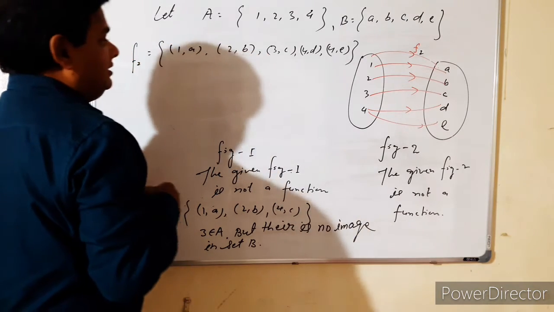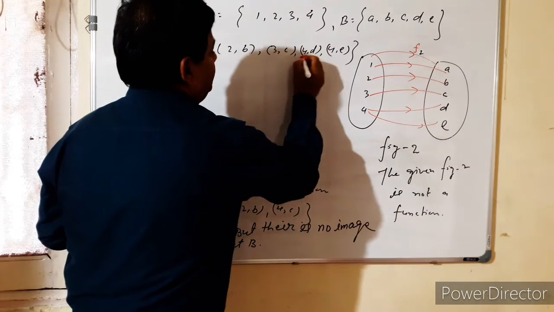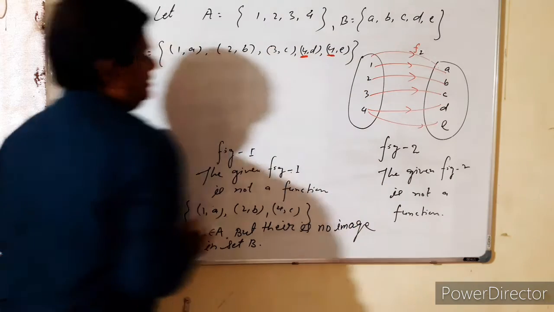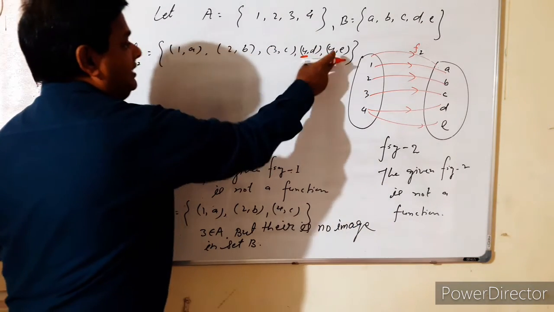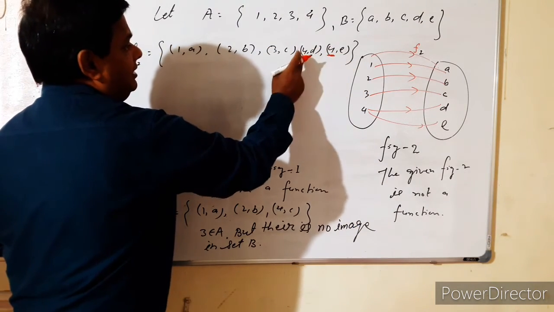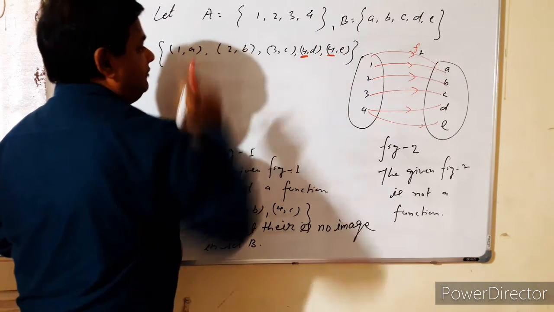So see here, the first component is repeated, 4 here and also 4 here.